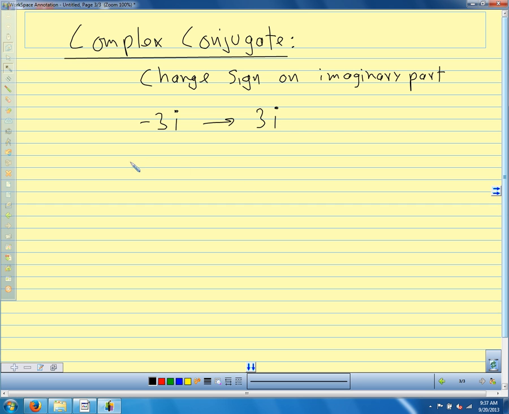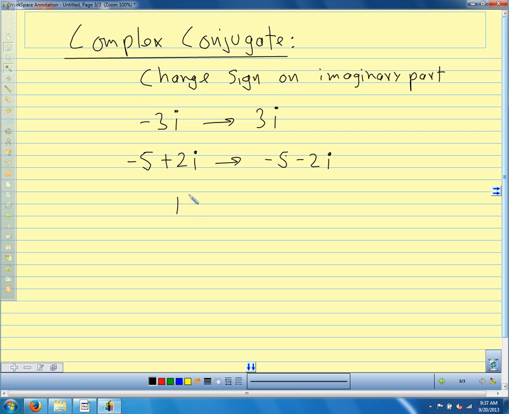How about negative 5 plus 2i? Negative 5 minus 2i. Just change the sign on the imaginary part.